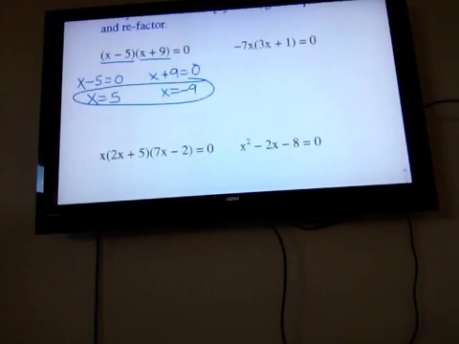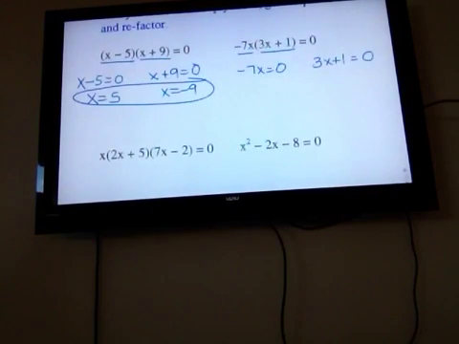Okay? The next one. 2 factors being multiplied together with 0 as my answer. So that means either the negative 7x is 0, or the 3x plus 1 is 0. One of the 2 factors has to be 0 to get 0 as an answer.